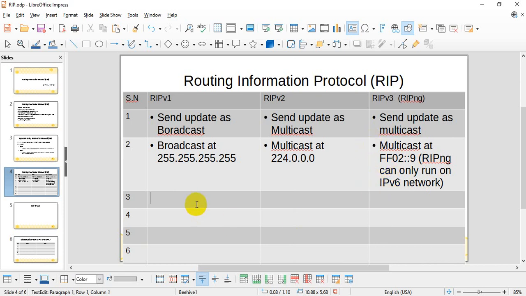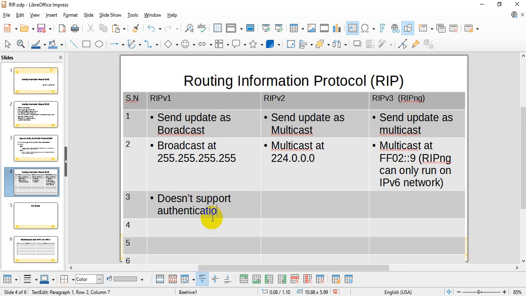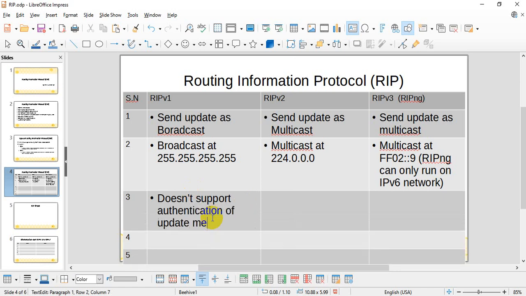And the next comparison: Routing Information Protocol version 1 doesn't support authentication of update messages.